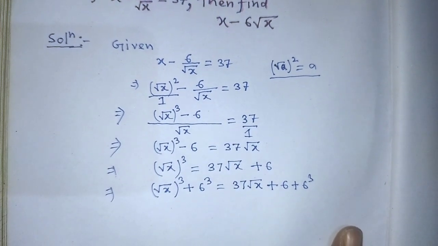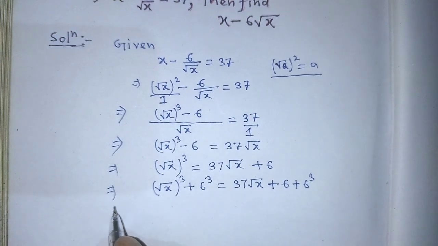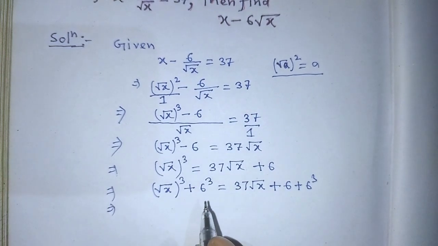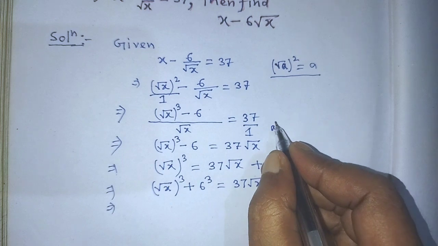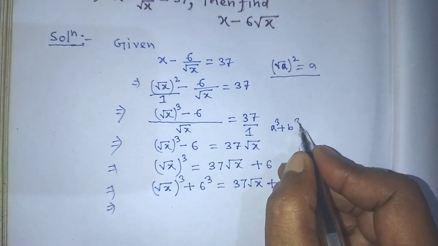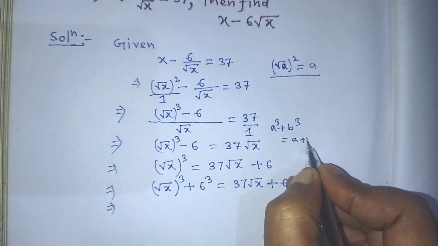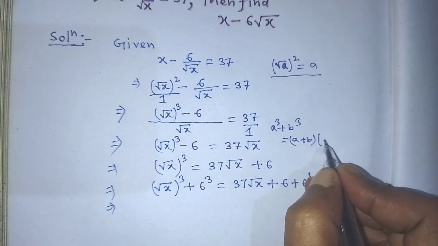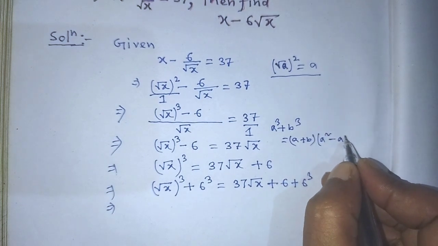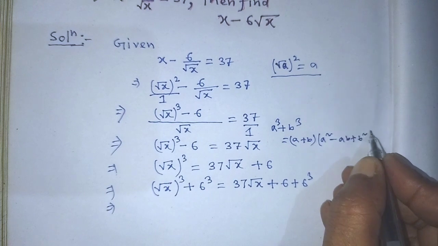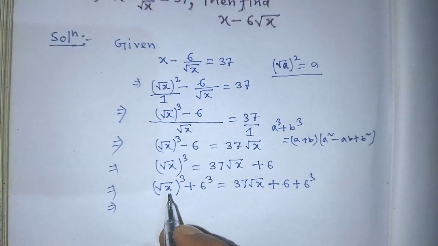After that we have to apply the formula a cube plus b cube is equal to a plus b into a square minus ab plus b square. This formula we have to apply on the left hand side.